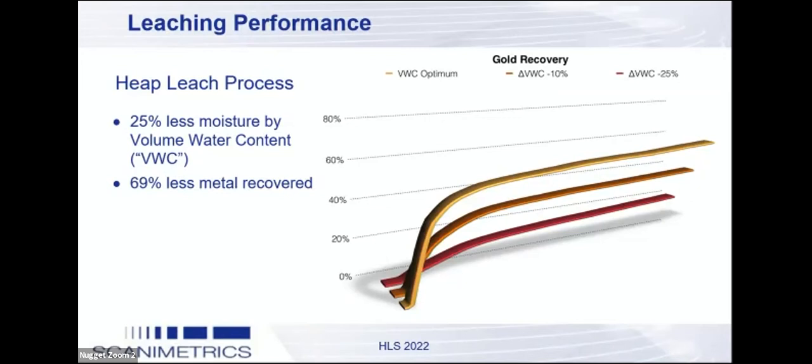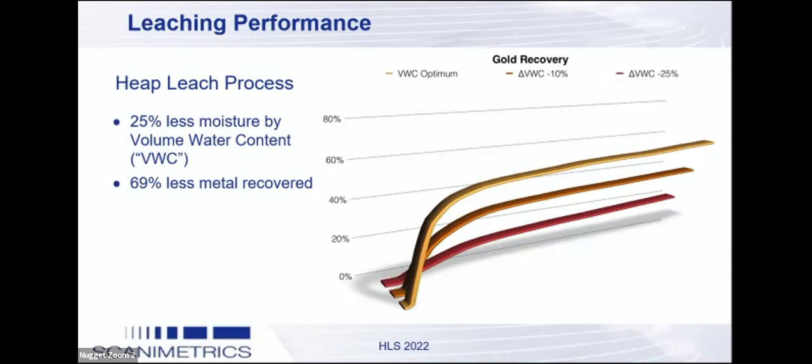And so a 25% change in volumetric water content can result in up to about a 70% change in the production of gold. So our suggestion is that it's really important to monitor moisture within the leach pad. Because time is money, you want to know as soon as you possibly can that you've got a problem with your moisture levels and you need to take some sort of corrective action.